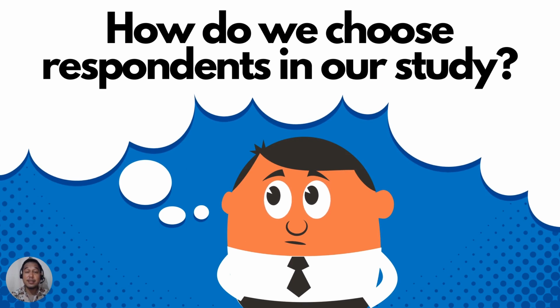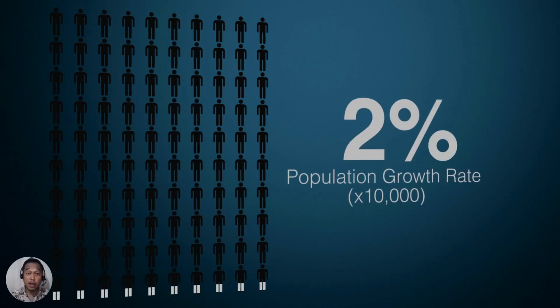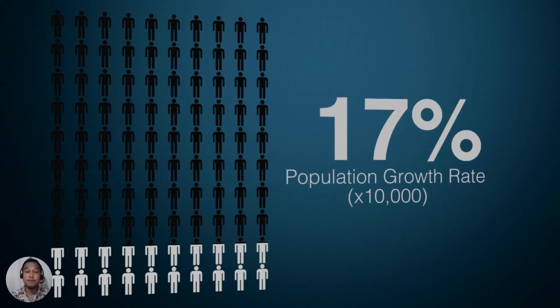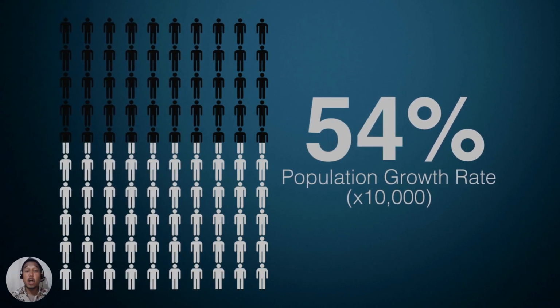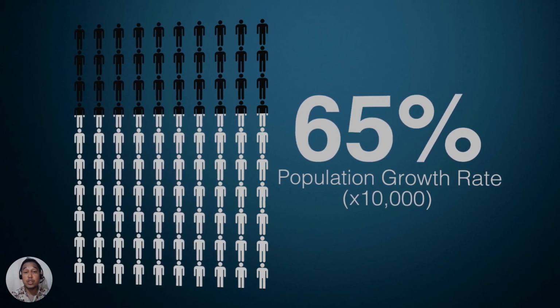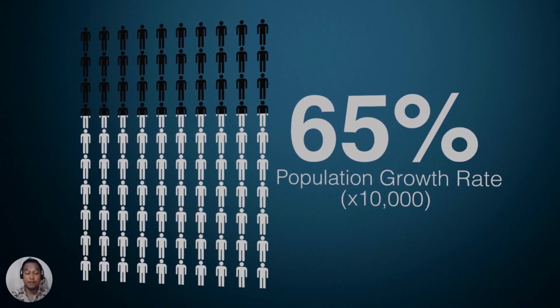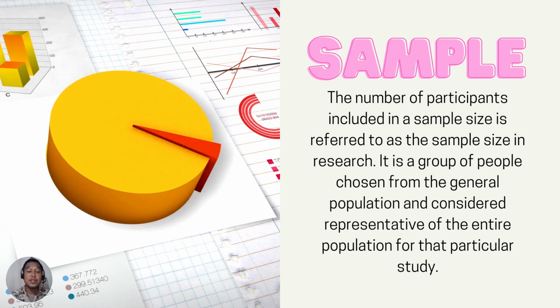So when you say respondents, these are the people who will give relevant information about your research problem. So, how do we choose them? Are we going to include everyone in the population? If so, it would be very costly and time consuming. So, in research, we don't include everyone, but we identify the sample size.